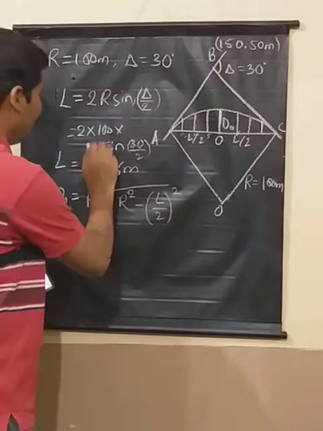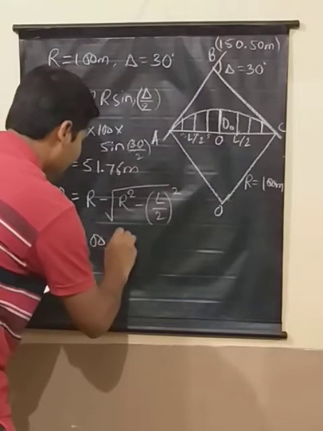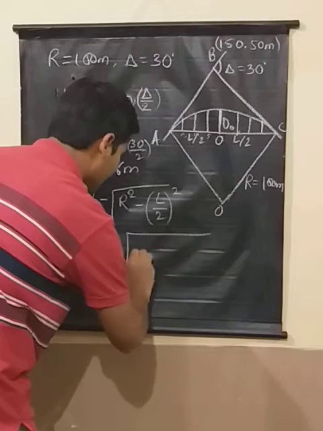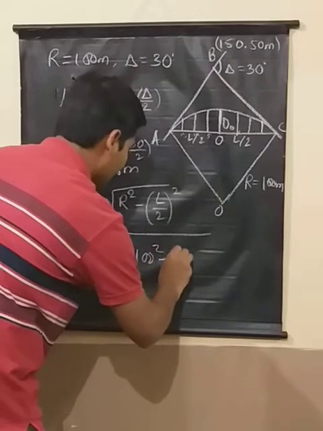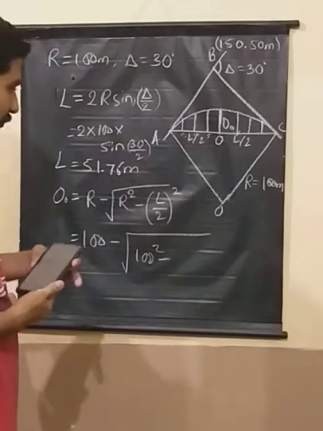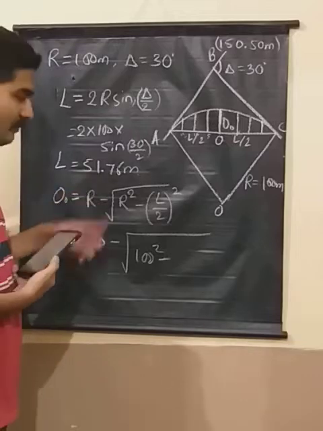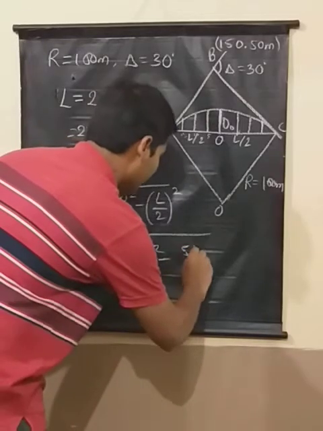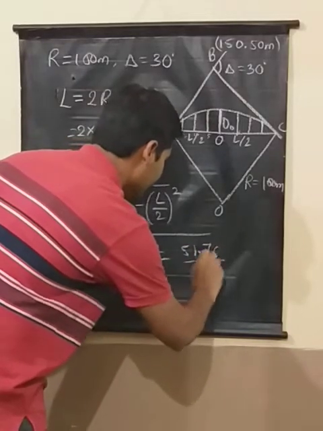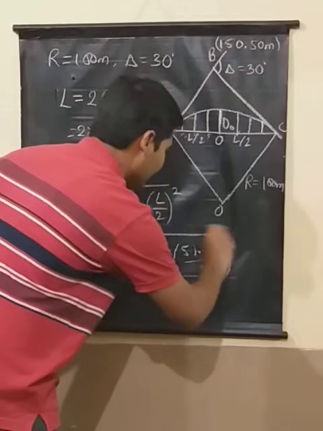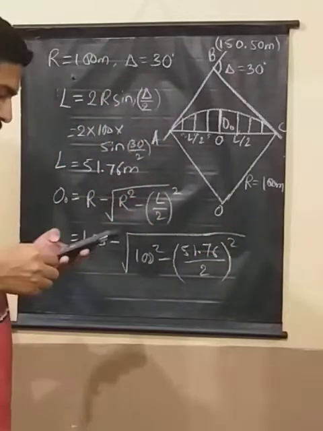R is 100, minus square root of 100 square minus l by 2, where l by 2 is 51.76 divided by 2, square. Let me check how much is this value.